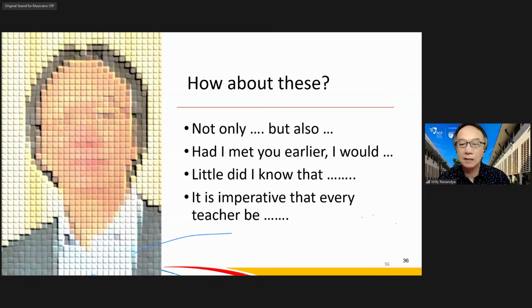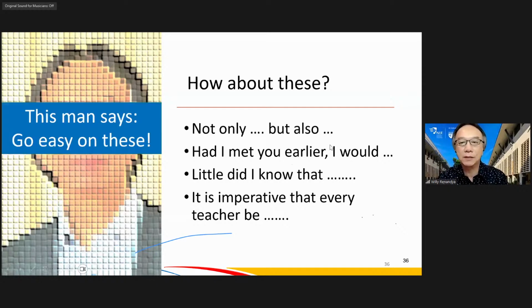If that is the case, then why should we waste a lot of teaching time on something that is not particularly useful for our students? So go easy on this. Go easy means if you feel the urge to explain it, do it, but very quickly. Maybe not even 1 minute. Don't spend the whole day teaching this.